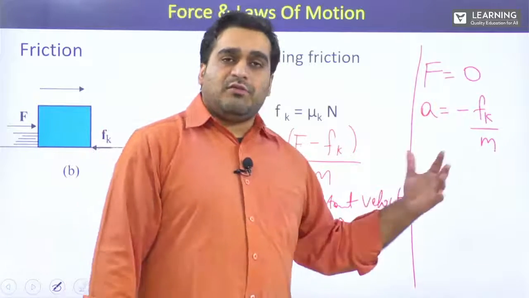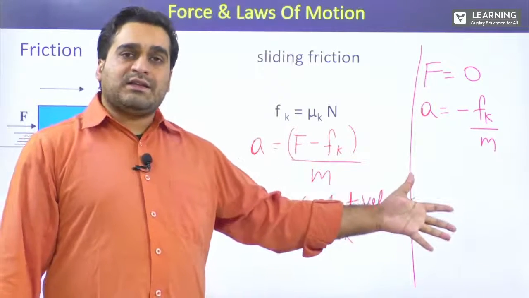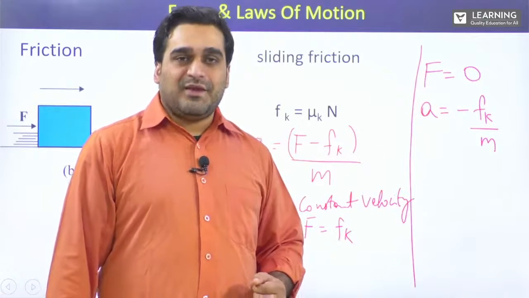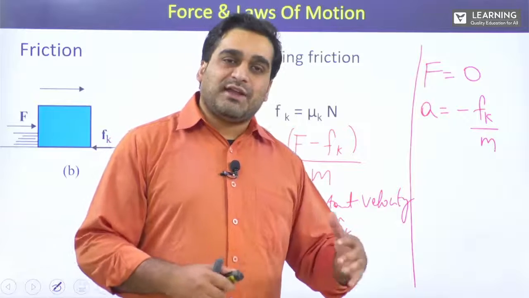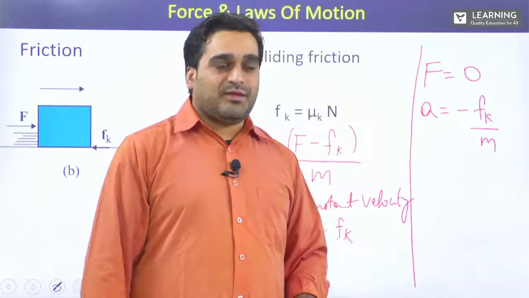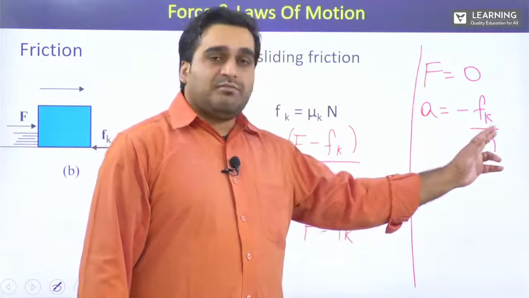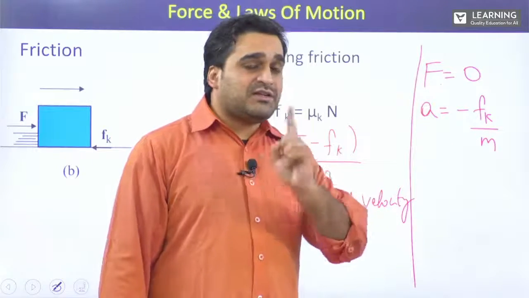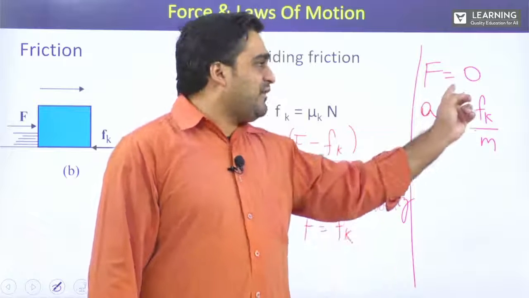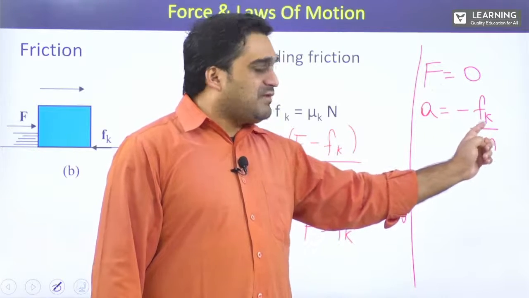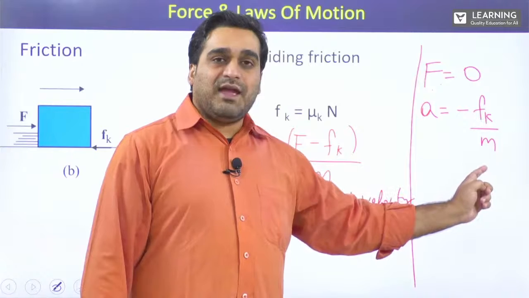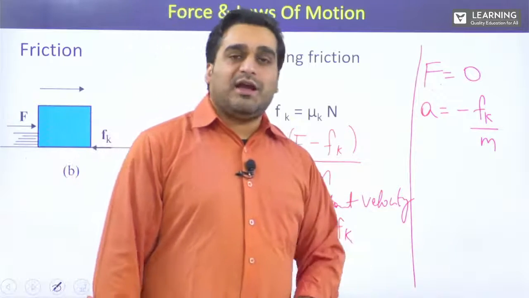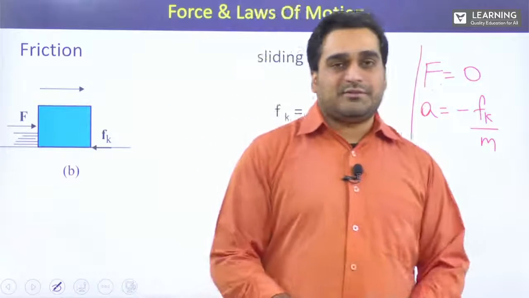So you see that the object is no longer increasing its velocity but decreasing its velocity, which means the object is slowing down. It is slowing down because of the frictional force, and there is no external force acting. F equals 0, so minus Fk by m is responsible for the object slowing down and coming to rest.